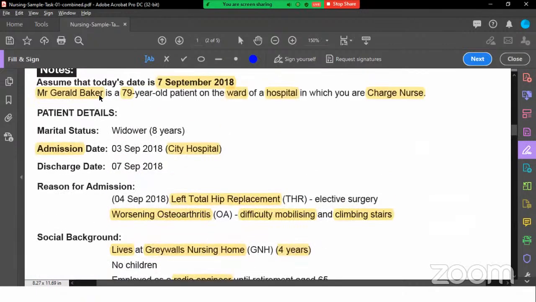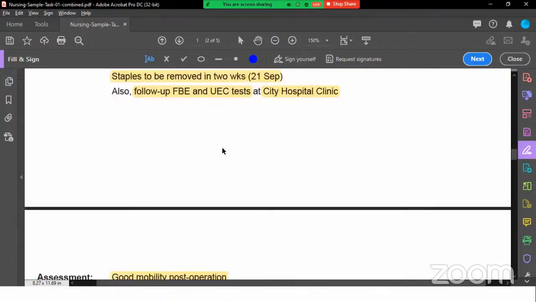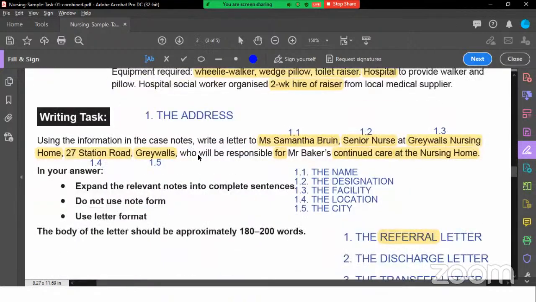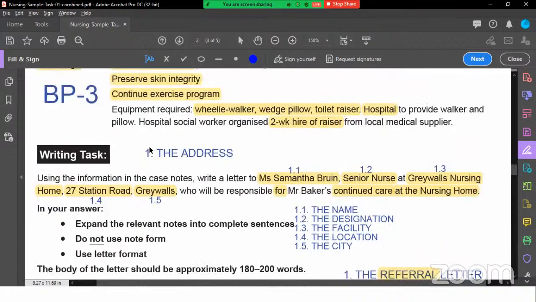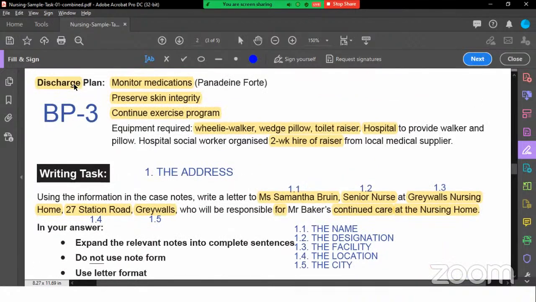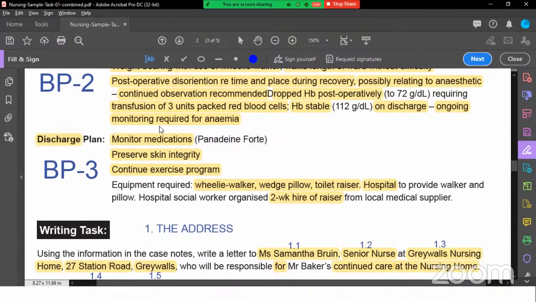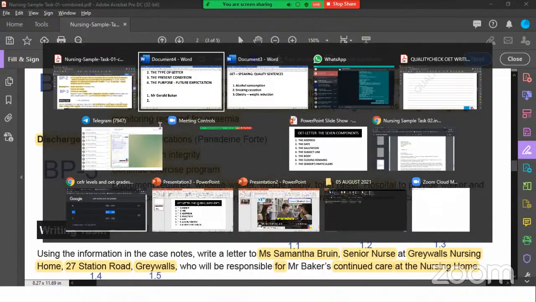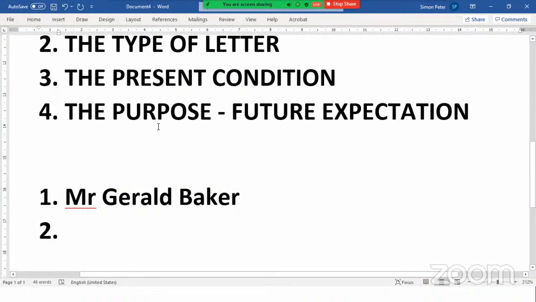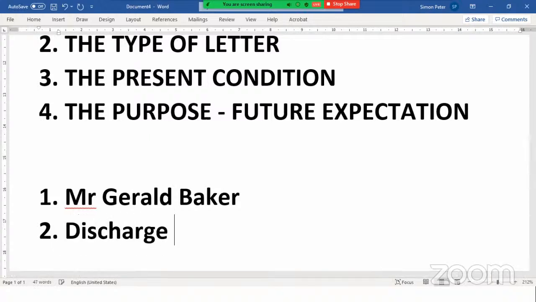Mr. Gerald Baker, the name of the patient. Number two, the type of the letter. Here it is the discharge plan. So discharge letter.